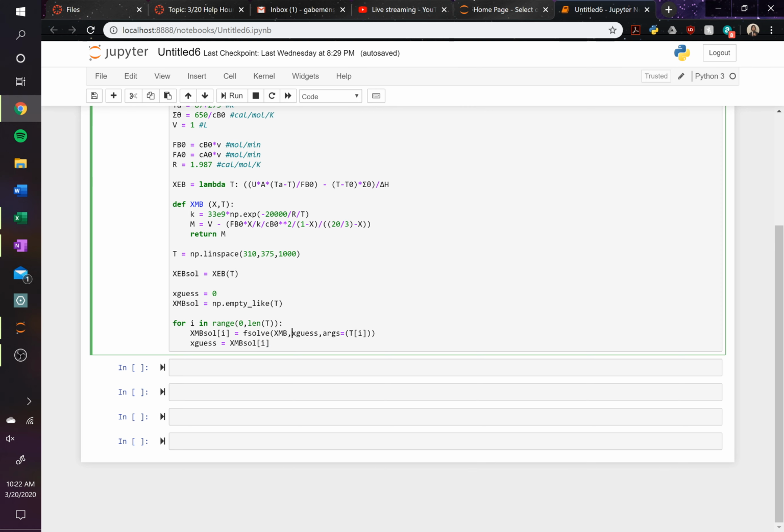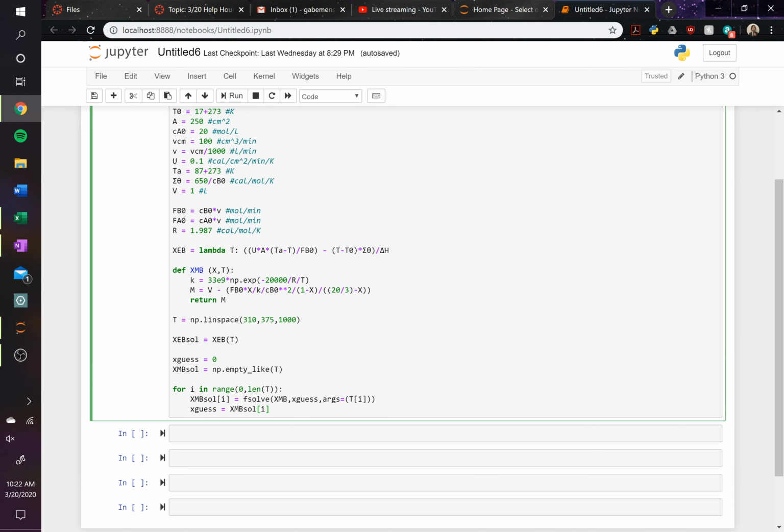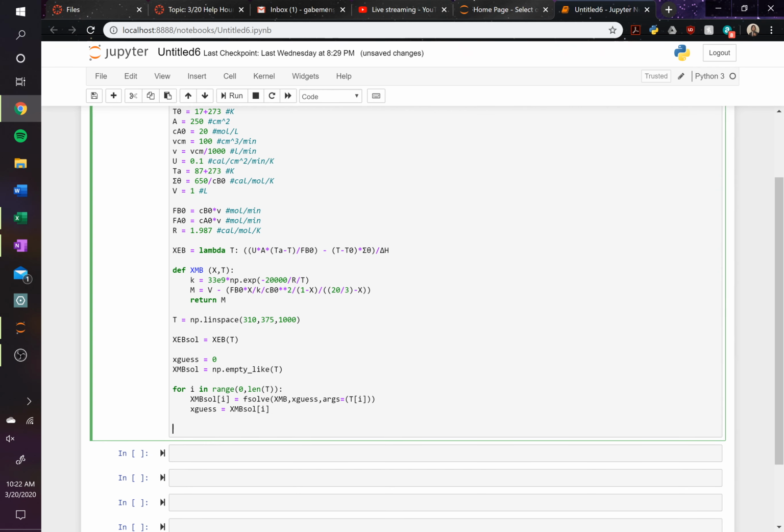So here is how we're going to solve for our mass balance. I need to reset the guess every time so it can actually go and solve for it. And that should be everything. So if that worked, we should be able to plot our solutions now. Equal to x equals b.